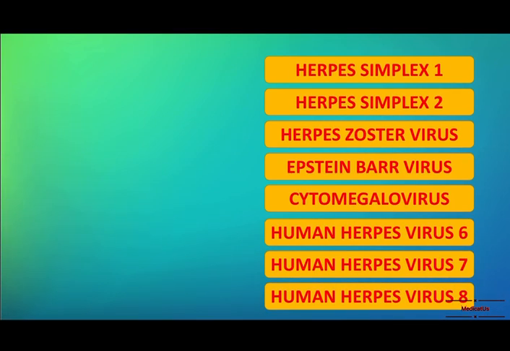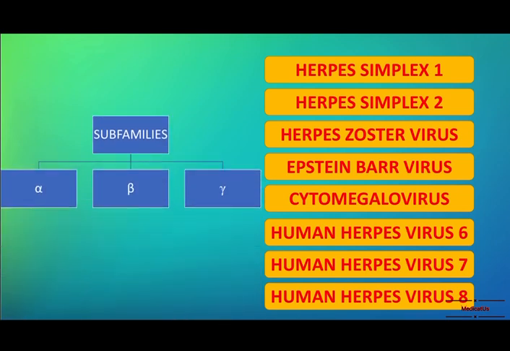Herpes virus is further classified into subfamilies as alpha, beta, and gamma. The human herpes virus 1, 2, and 3 come under alpha, 4 and 8 under gamma, and the remaining ones, that is 5, 6, and 7 under beta. Simple. Now, about the site of latency, where they go and sit.